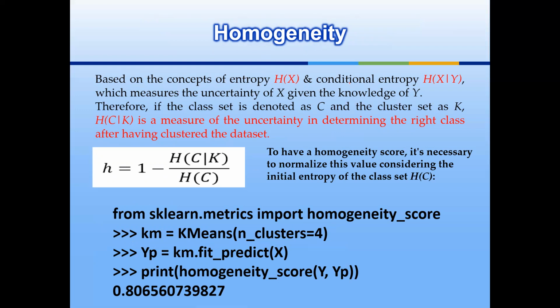Conditional entropy, H of X given Y, measures the uncertainty of X given the knowledge of Y. Therefore, with the class set denoted by C and the cluster set denoted by K, the entropy H of C given K is a measure of the uncertainty in determining the right class after having clustered the data set.